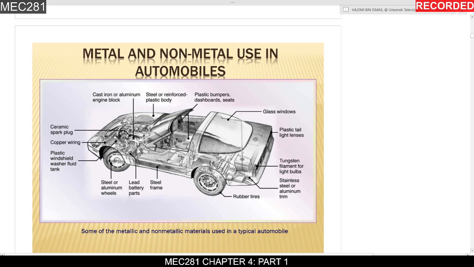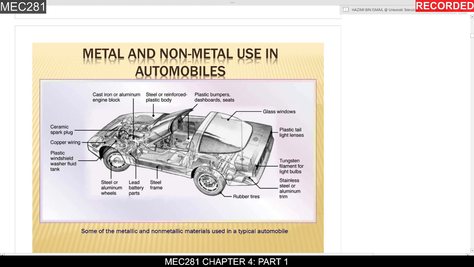As an example, you can see here the spark plug, which uses ceramic, and the wiring here uses copper, so copper is non-ferrous. Then we have the plastic windshield here, which is a polymer, and this rubber tire is also a polymer. The steel frame is metal.